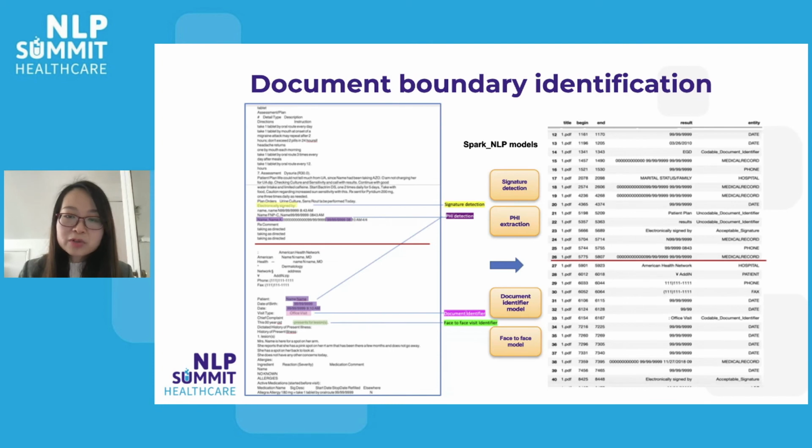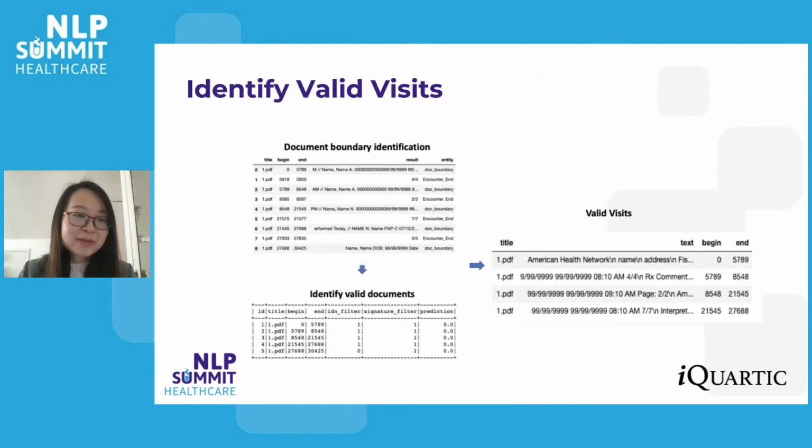Lastly, we also extract the face-to-face information using our face-to-face NER model, the face-to-face extraction model. So now we have all the features, or information, listed on the right-hand side, which help us classify and find the boundaries to split the document. Next slide, please.